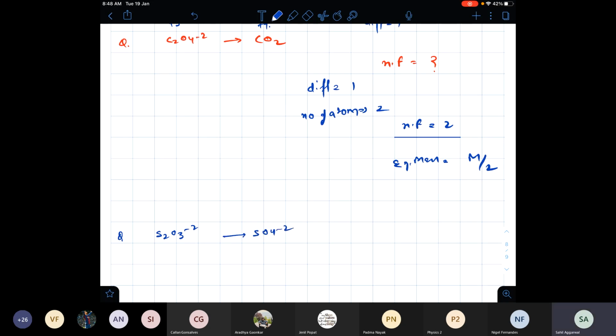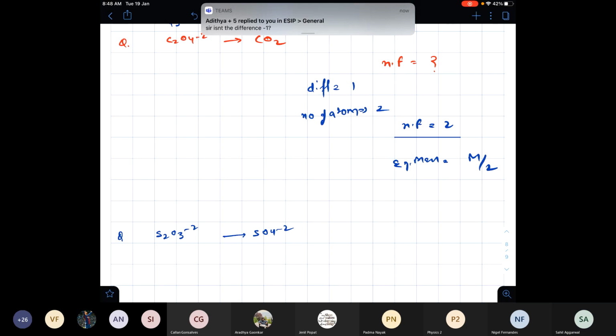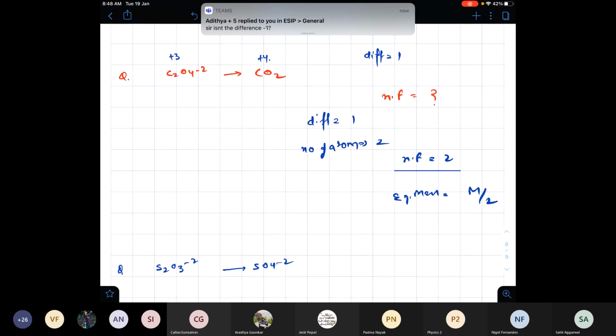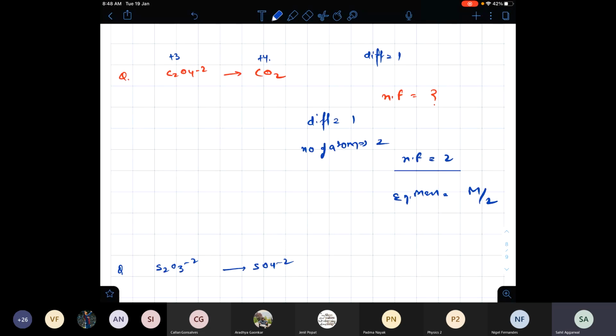N factor. Aditya, we are talking about the magnitude: bigger minus smaller. N factor will always be a positive value.